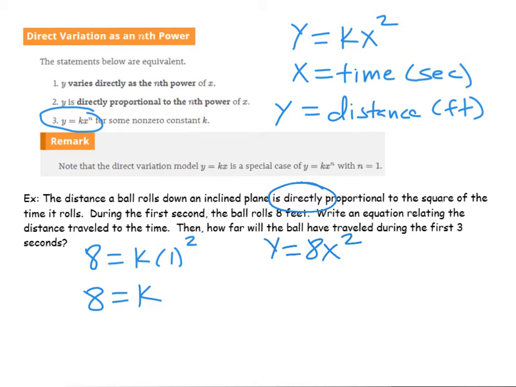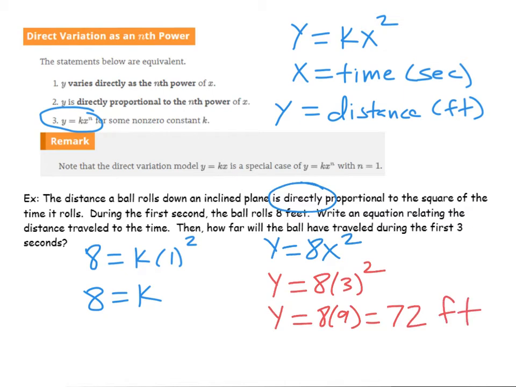Well, once I have my function, there's a lot of questions I could answer about this situation. Plug in 3 for x squared, I get 9 times 8, 72 feet, right?